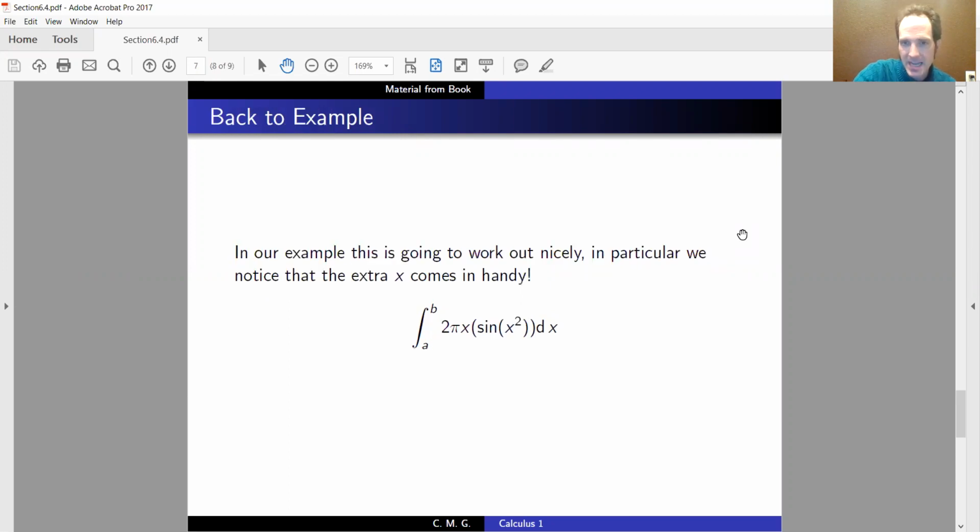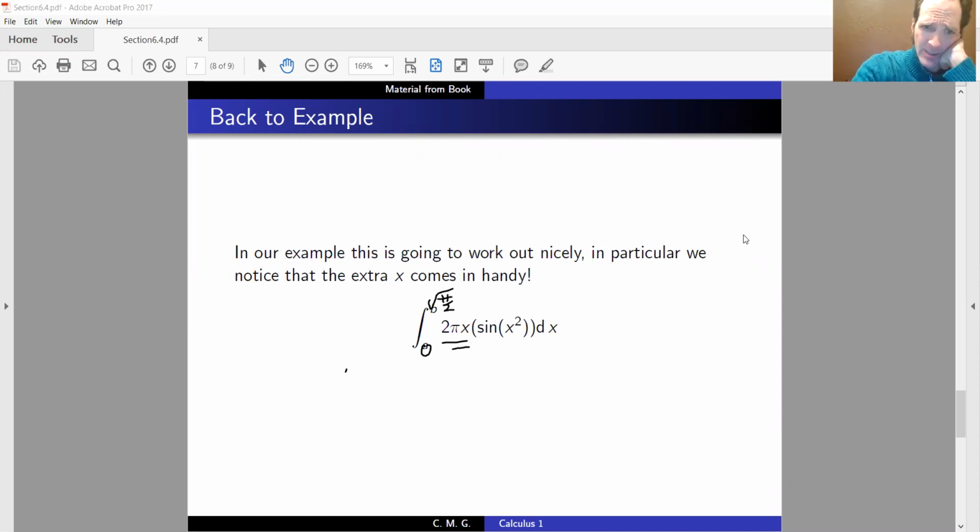So in our example, this actually works out very nicely because in particular, I'm integrating from 0 to square root of pi over 2. I pick up an extra x in this integration, which allows me to do a u substitution in here and get rid of that sine of x squared, just make it sine of u. And then I can go from there, and it makes it a lot easier.